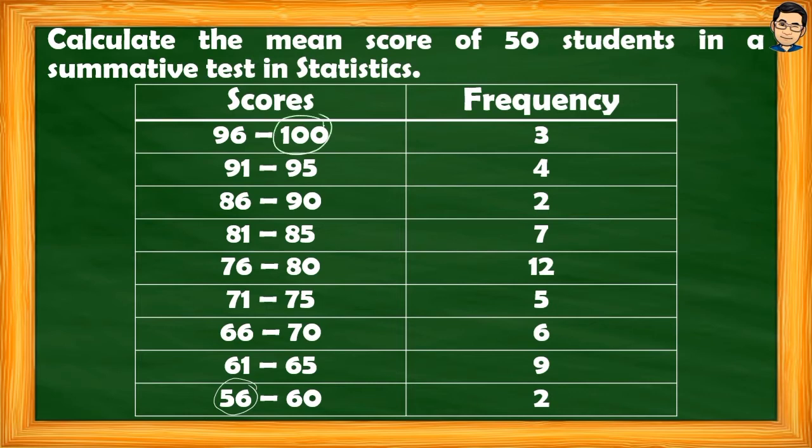For each class, meron tayong mga frequency. Like for example, for 96 to 100, there are 3 students who got a score from 96 to 100. Maaring makakuha siya ng 97, 98, 96, 100. Basta pasok po dun sa range na yan. So, yung class na yan, 96 to 100.